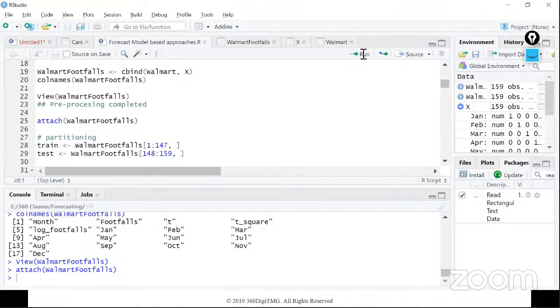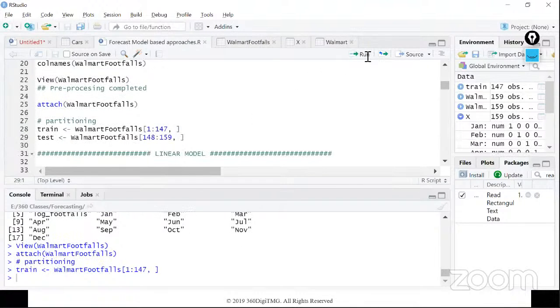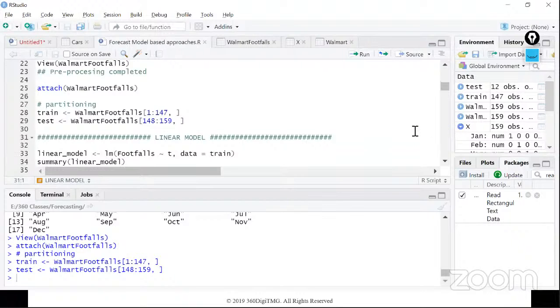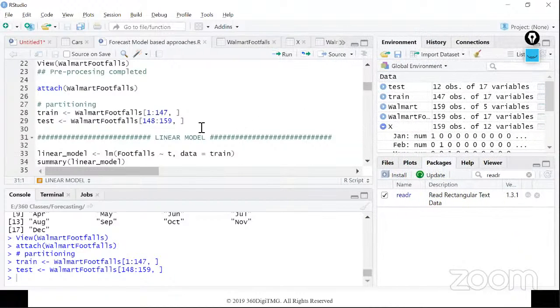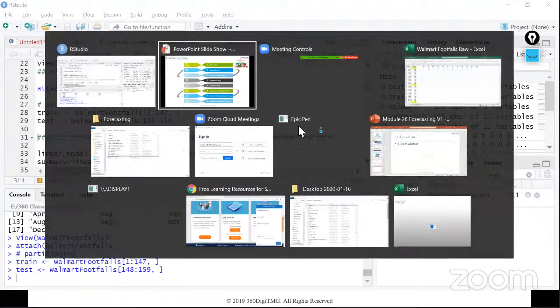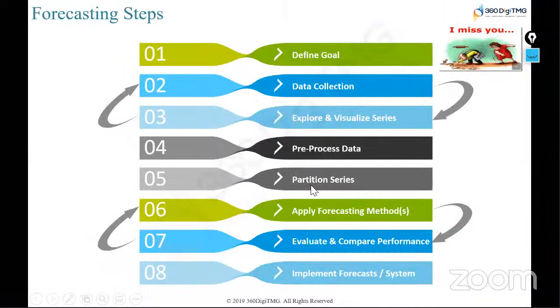And when you do this, you have 157 records in the train, and then you have 12 records in the test. 12 rows, the last 12 rows. So we have also learned about partitioning and how to partition.